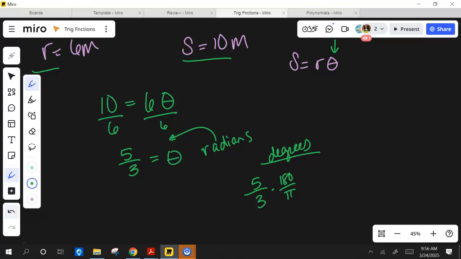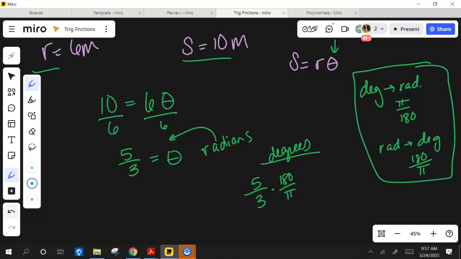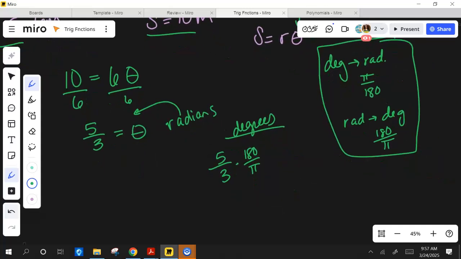Okay, that's what we did Friday. From degrees to radians, I do pi over 180. From radians to degrees, I do 180 over pi. So what is 5/3 times 180 over pi?